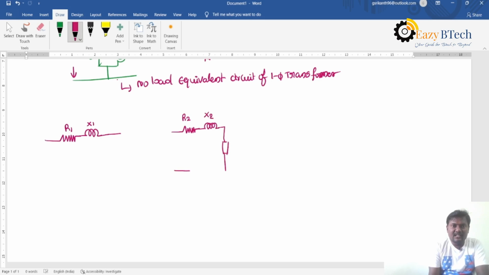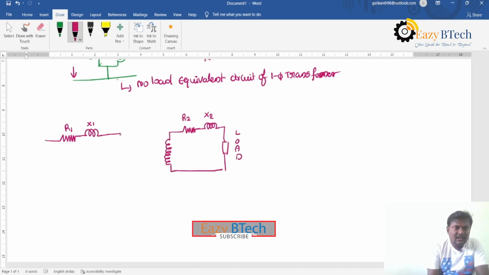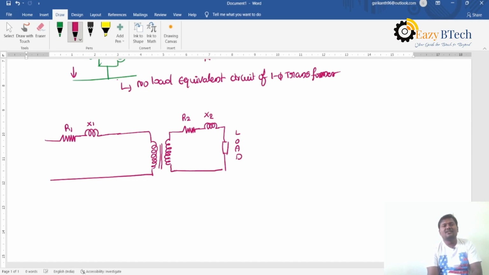We connect the secondary winding to the load, and the primary winding is connected like this. So the symbolic representation of the transformer is like this.